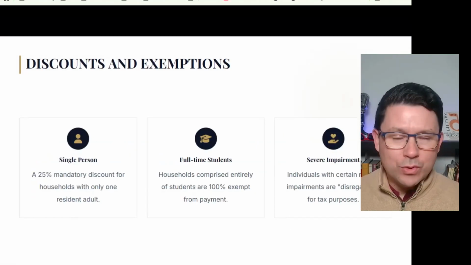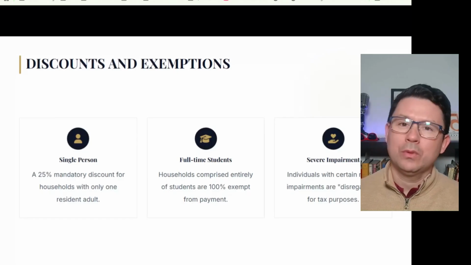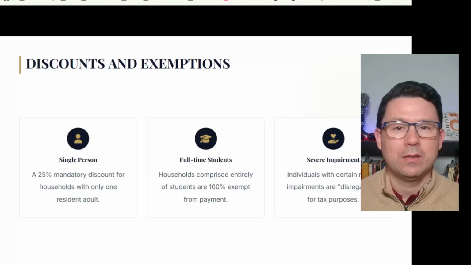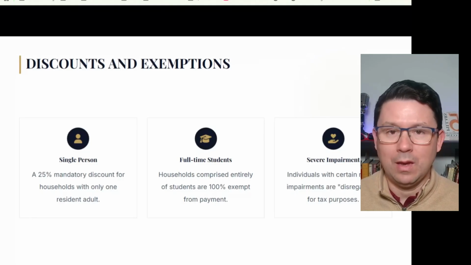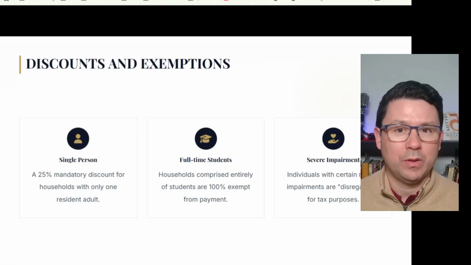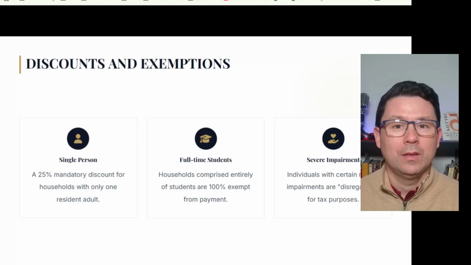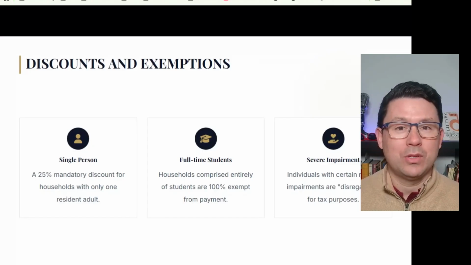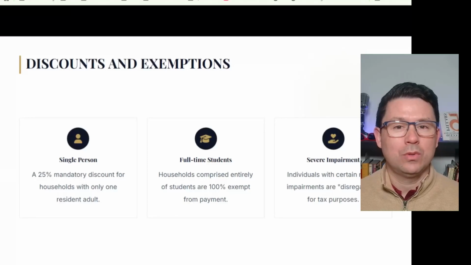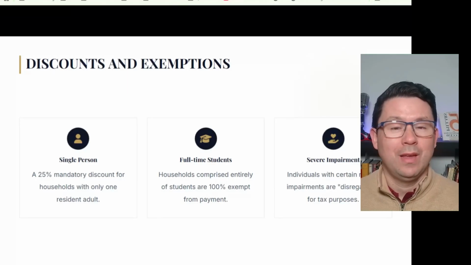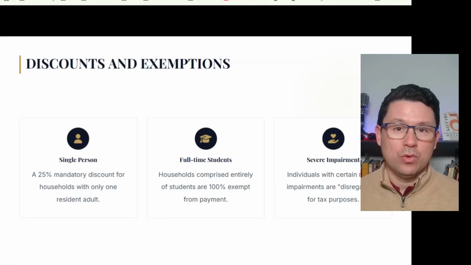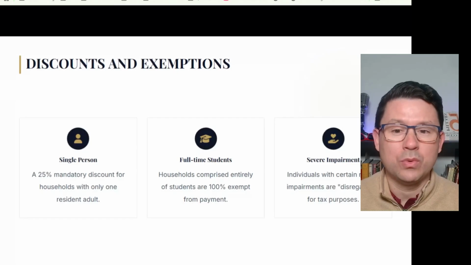Now, council tax is normally an important expense if you have a single let or a HMO or another type of property. It's a very important cost of that equation. But if you have one person living alone there, that person can get a 25% discount. If you have full-time students in your property, you could apply for 100% exemption from that council tax, which would be an important saving.